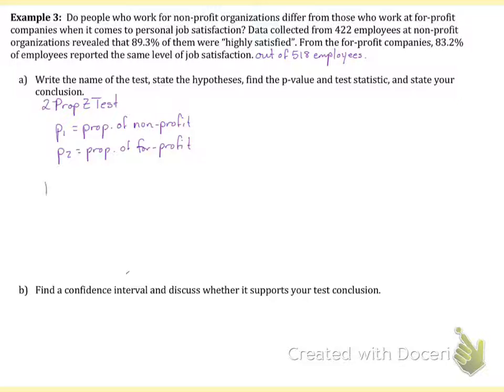So now let's talk about the hypotheses. The null hypothesis, whenever we're comparing two samples, is that the samples are not different. The alternative hypothesis, in this case, they're asking if people who work for nonprofits differ from. It's not letting me underline that. So since it just says is it different, not is it less than or is it greater than, we're going to use a not equal to here.